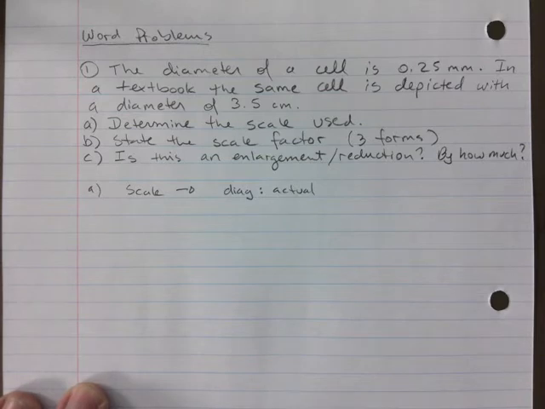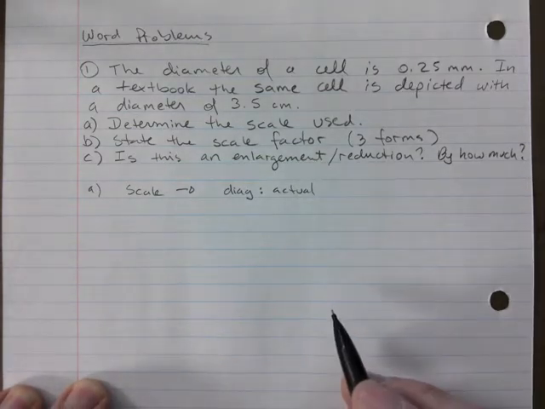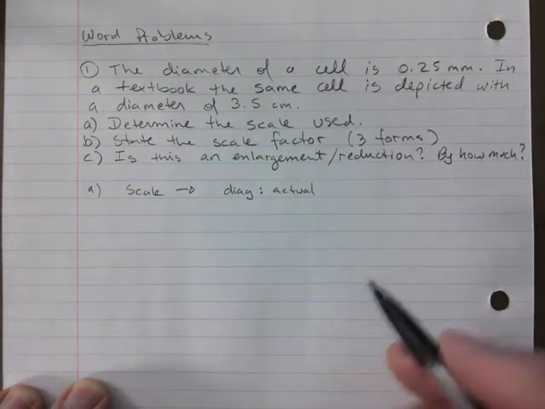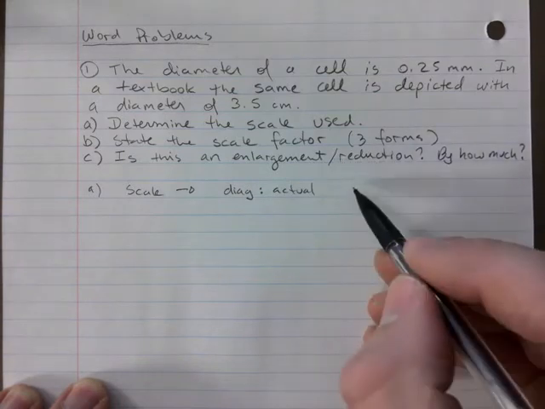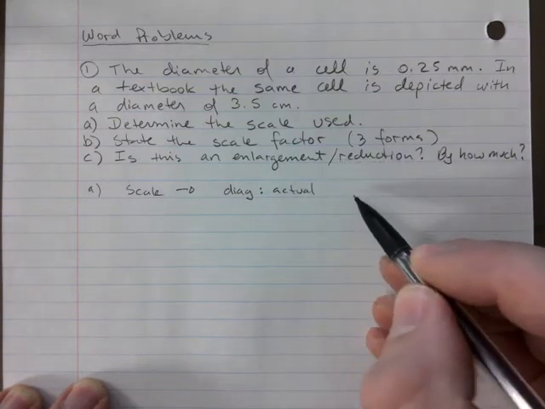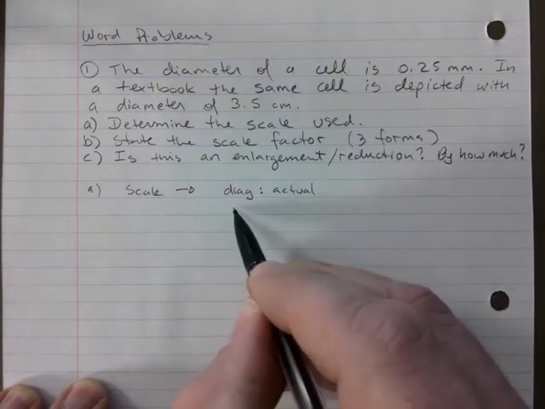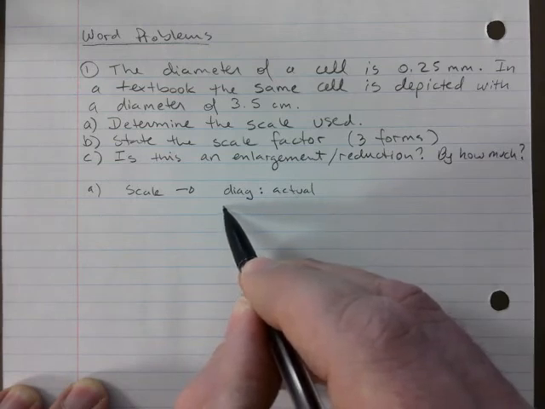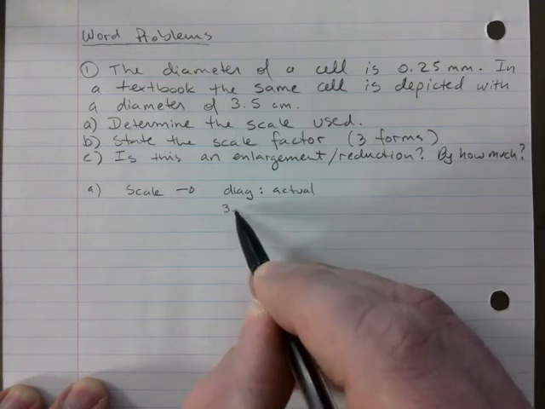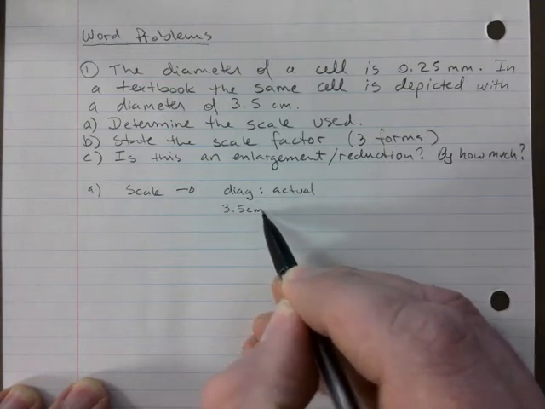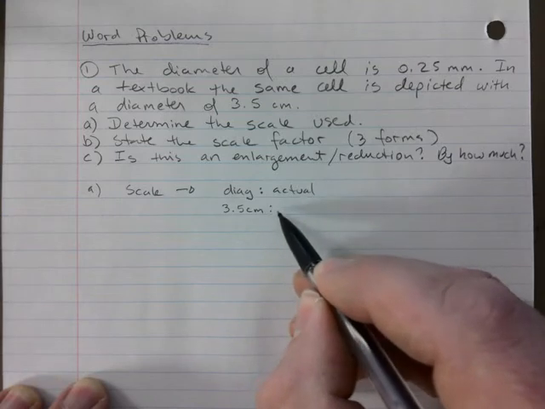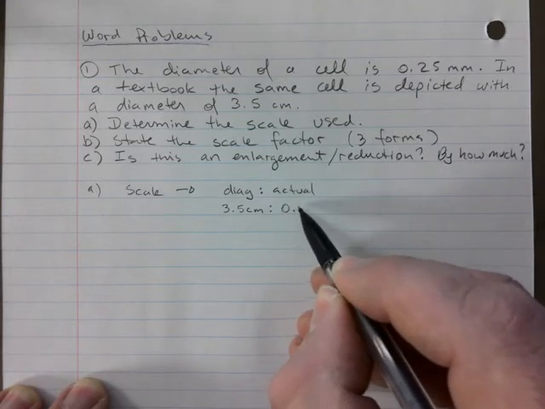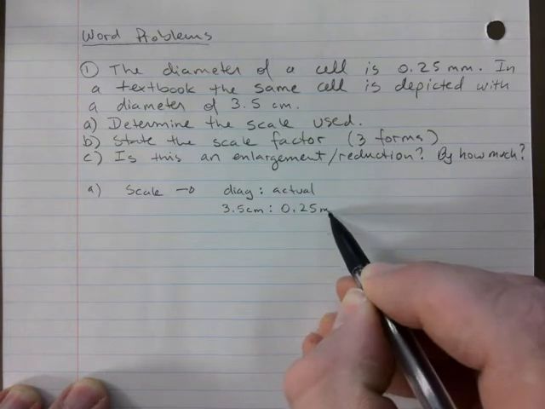So the textbook is the diagram: 3.5 centimeters. And the actual is 0.25 millimeters.